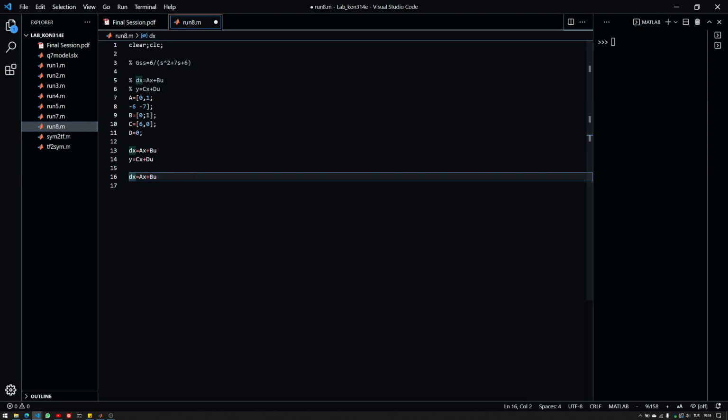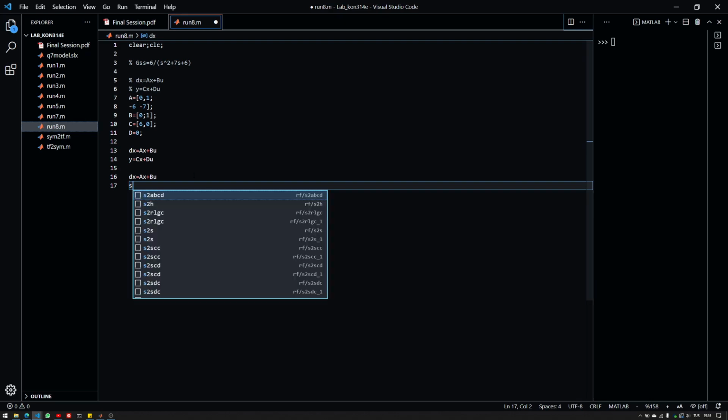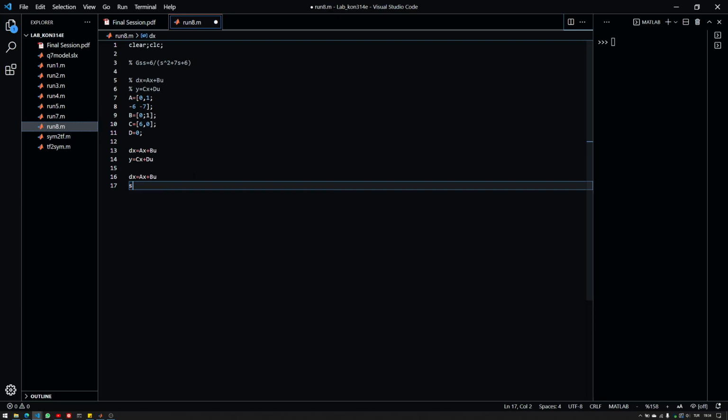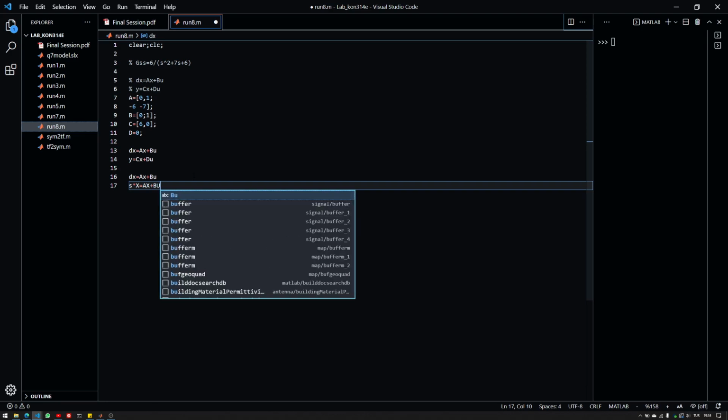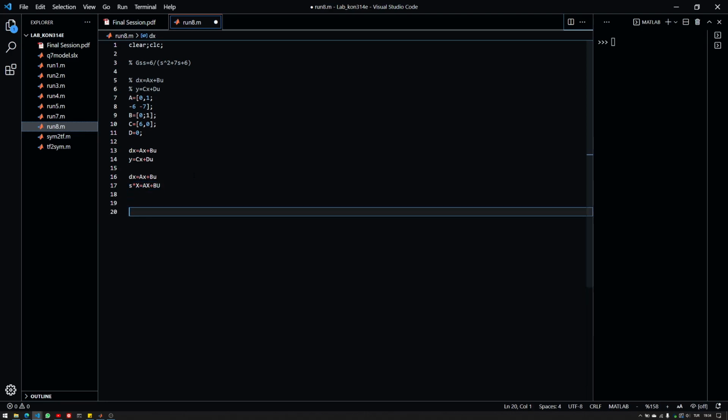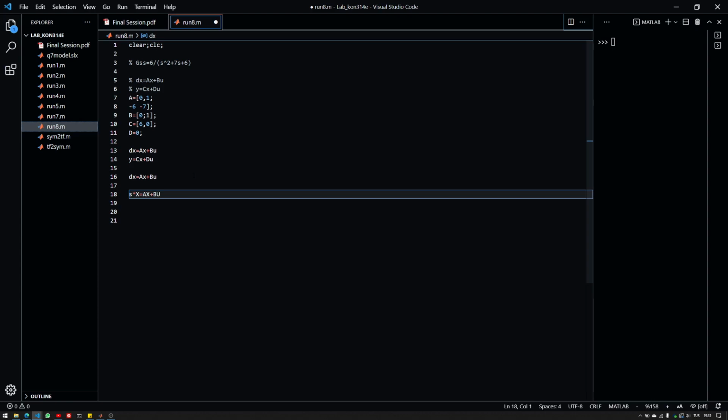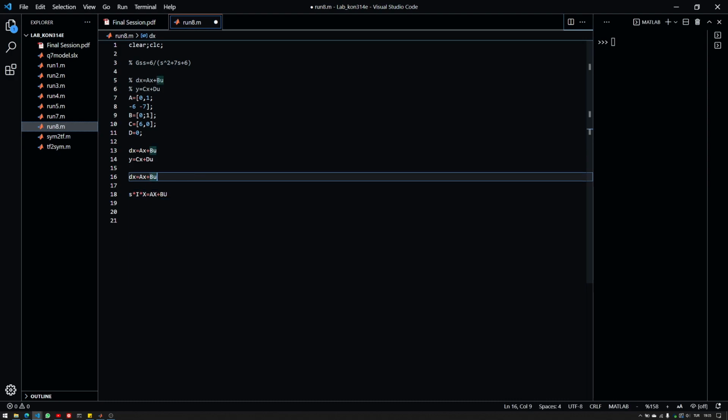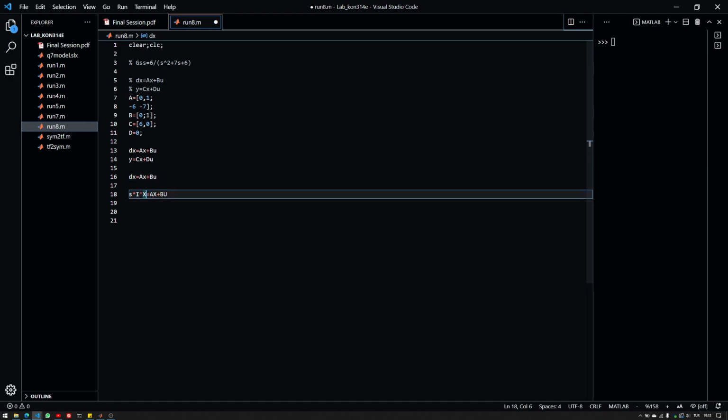Now, since dx in the Laplace domain would correspond to s times x equals ax plus bu, this is basically straightforward. Even if the dx is a vector, you can do this element by element, so no problem there. The only thing that you should note is that this should be s times I times x, in order to be able to carry out this multiplication.